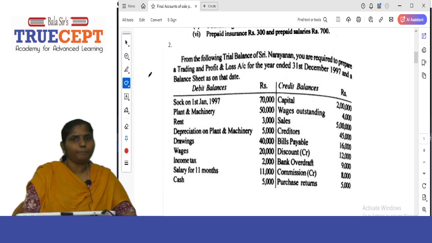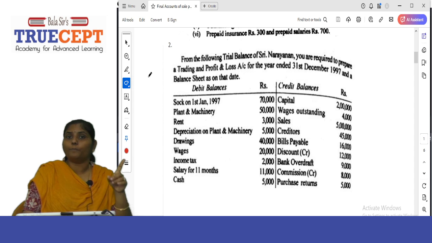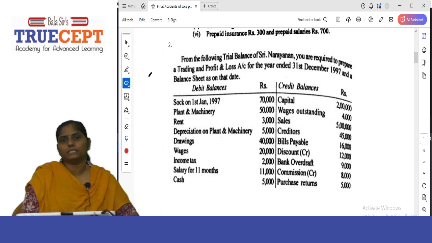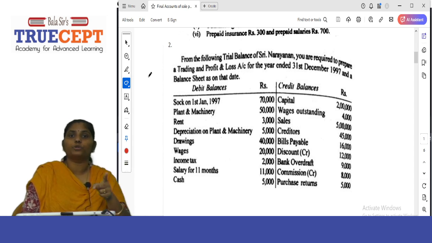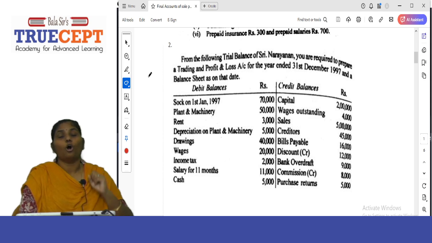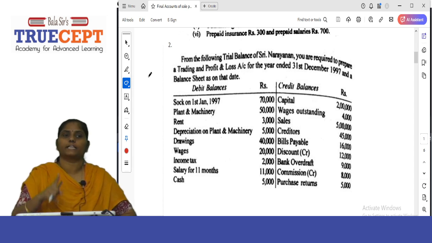Drawings, subtracted from capital in the balance sheet. Wages, trading account, expense. Income tax is not a P&L item, though generally people think that way. We are doing a sole proprietorship's final accounts, right? So any income tax paid, or any personal expenditure, for example the life insurance premium of the proprietor, or income tax paid by the proprietor, those are personal expenditure.